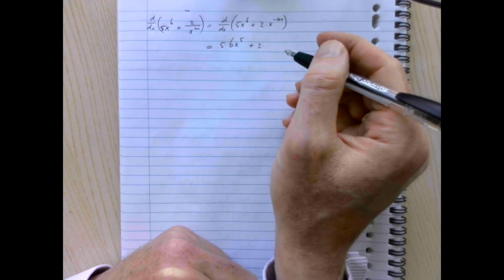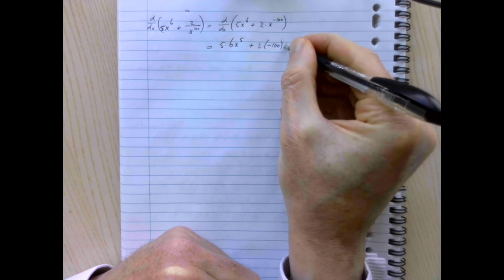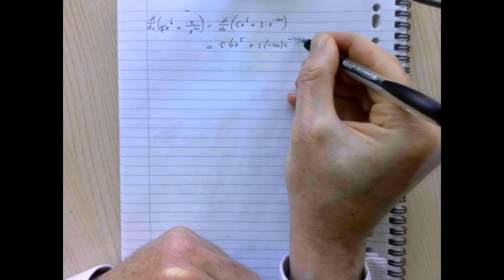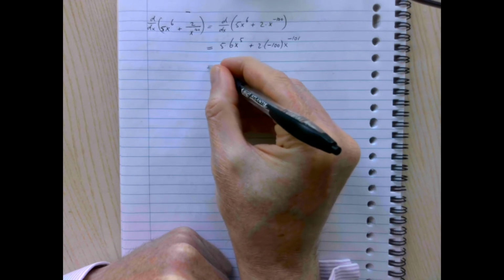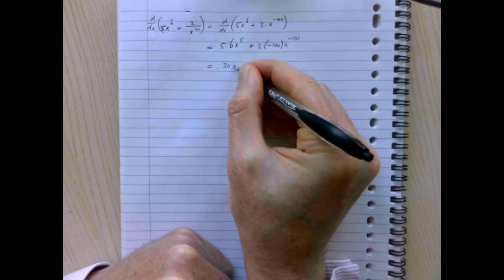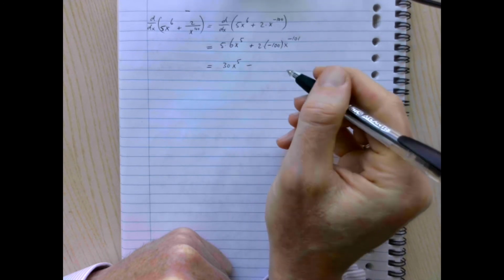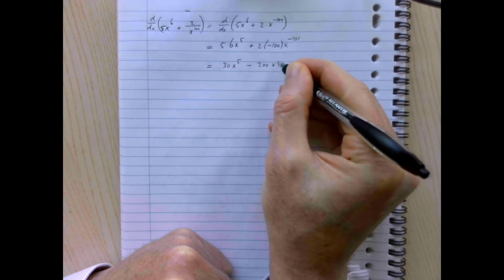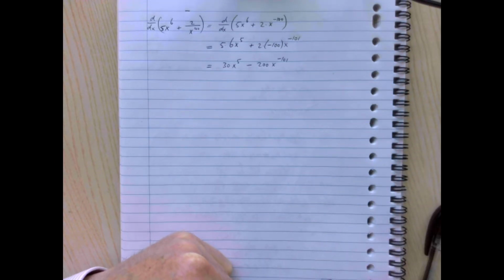So minus 100 comes down, so we multiply this by minus 100. And then we reduce minus 100 by 1, which gives us minus 101. And now we're there, because this is just 30 times x to the power 5 minus 2 times minus 100, which is minus 200, times x to the power minus 101. And that's the derivative, just adding up the two separate derivatives.